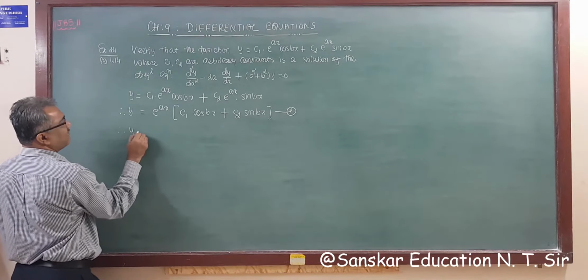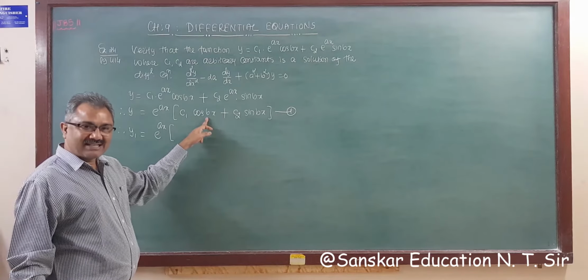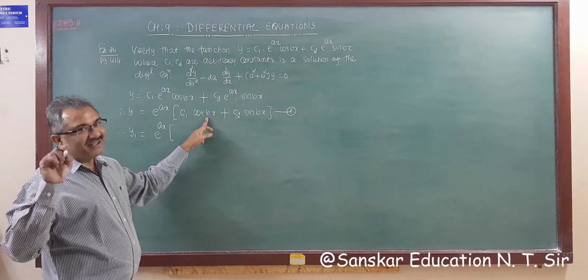Now differentiating with respect to x, we get y1 is equal to, keeping e raised to ax as it is and differentiating this function. c1 is constant, the derivative of cos is minus sin bx, but because of bx we multiply by the coefficient of x. In integration you have to divide, but in differentiation, remember, you have to multiply.